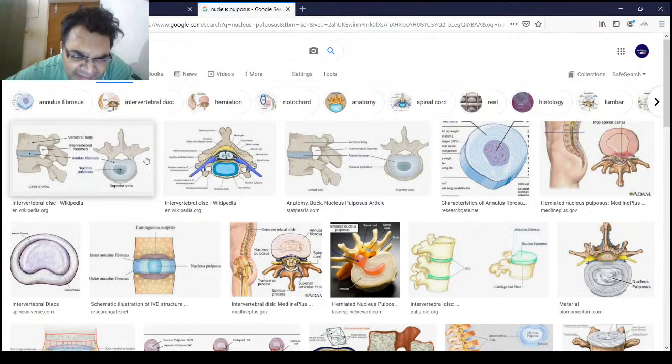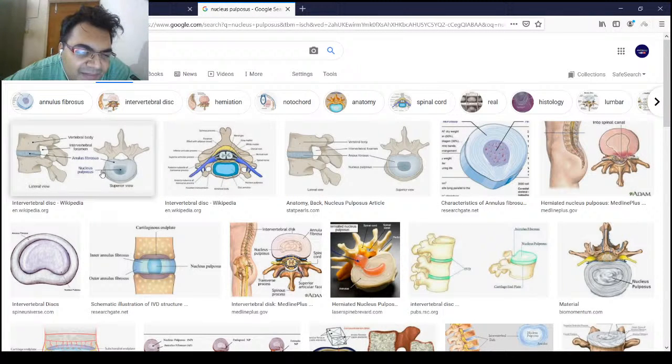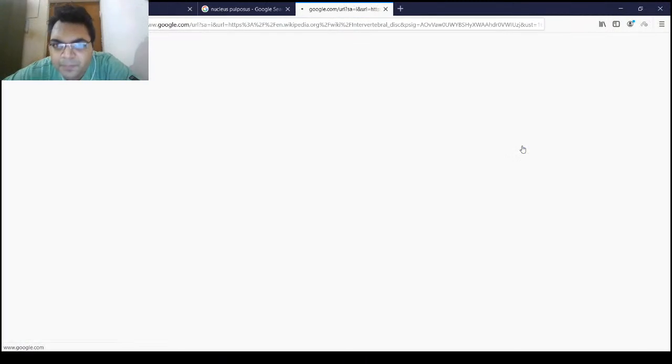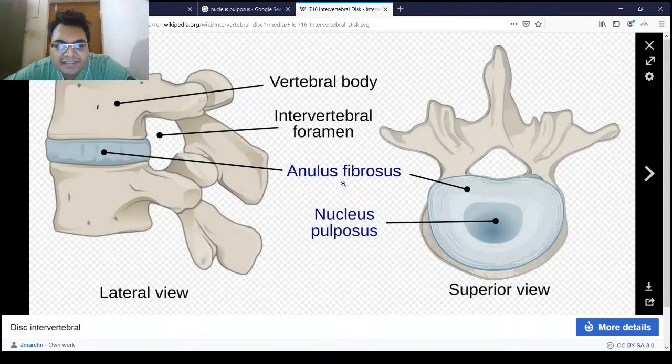Now you will be able to see the proper image. Okay. Fibrous annulus and nucleus pulposus, or annulus fibrosus. Just see this one. This is a better image. Okay, I'll open this in Wikipedia. Just look at this. This is known as a disc.